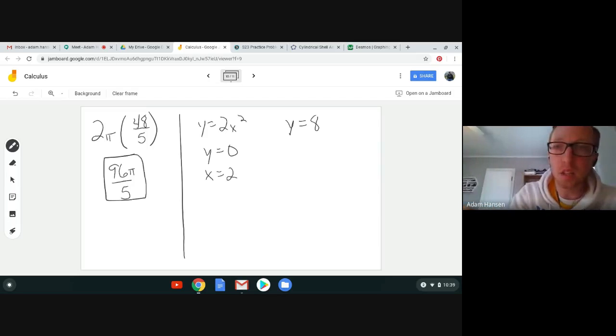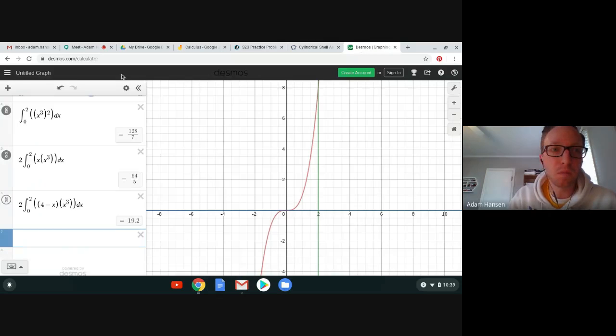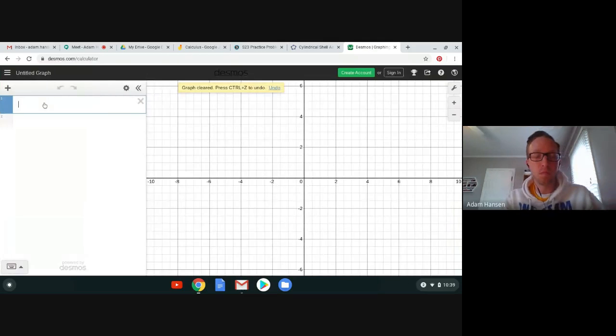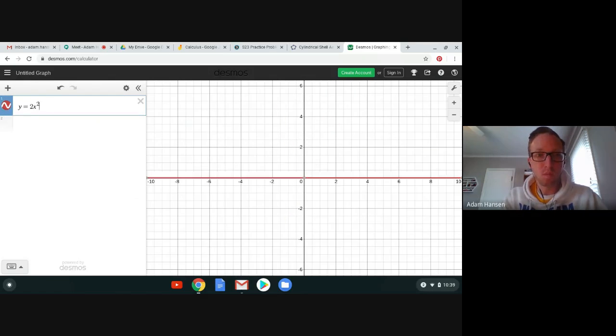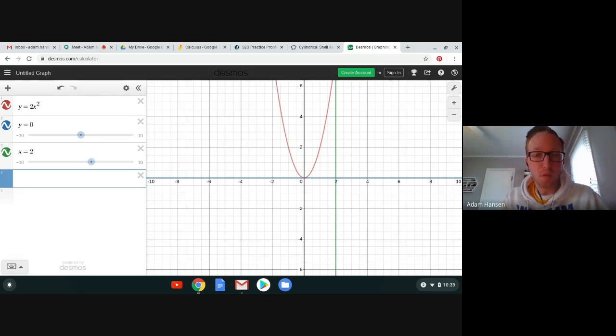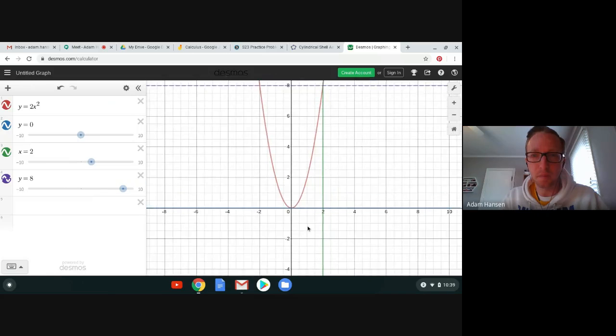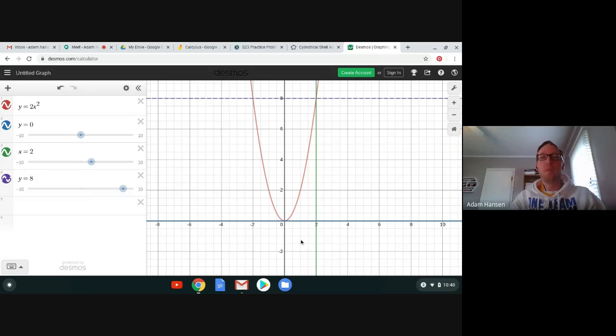This is 9C again. And then we're rotating around the line y equals 8. So I'll make that dotted so that we can distinguish it. And there's our region. We have that same kind of curved right triangle here, and our axis of rotation is up on top at y equals 8.